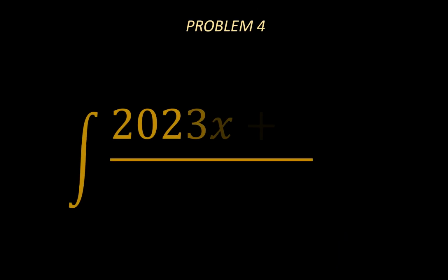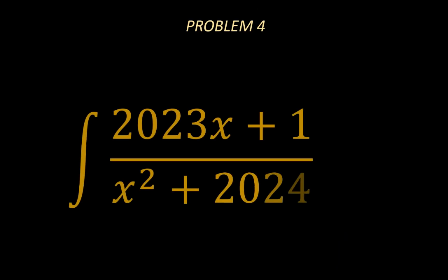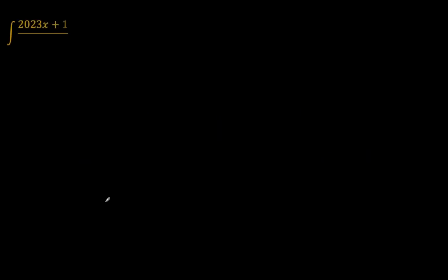So problem number 4 is the indefinite integral of 2023x plus 1 over x squared plus 2024. As you can see, I personally would be inclined to separate it into 2 different fractions.